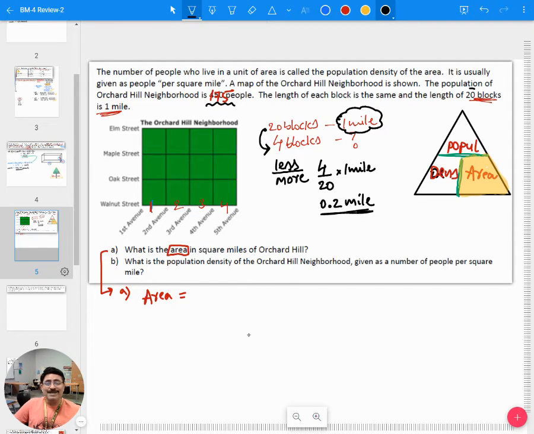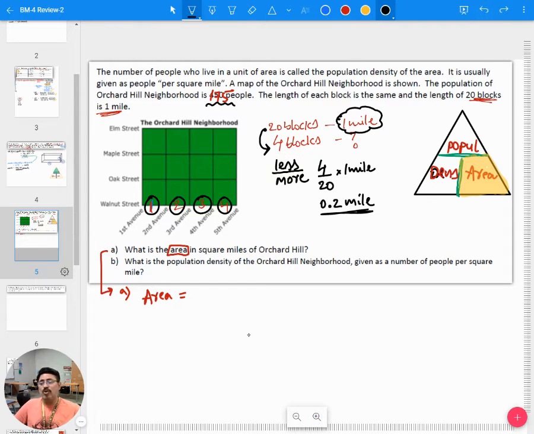Again, I'm repeating. The given question says that 20 blocks make 1 mile, but we don't have 20 blocks here. We have only 4 blocks. So if 20 blocks make 1 mile, then how many miles for 4 blocks, which is less than 20 blocks?